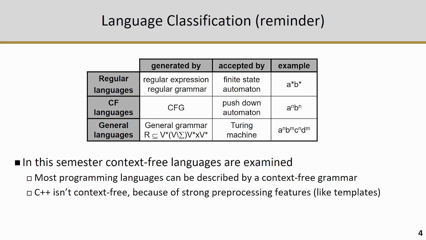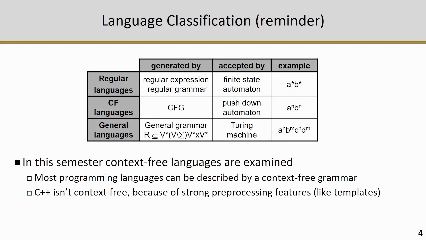As an example, a^n b^m c^n d^m, where n a's are followed by m b's, followed by n c's and m d's, is a special class of strings where a's, b's, c's, and d's follow each other in this order.